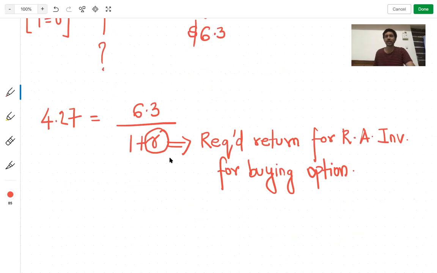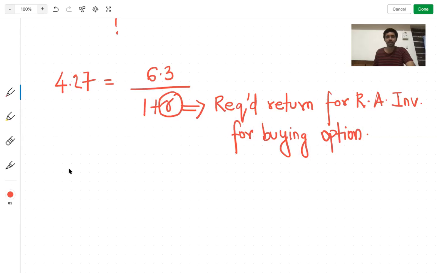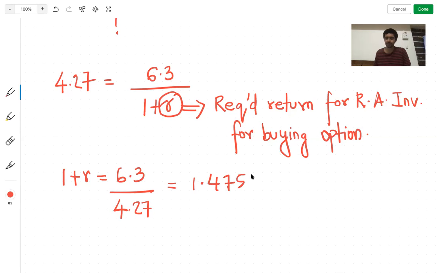If you actually calculate, 1 plus R is equal to 6.3 divided by 4.27, which is equal to 1.4754, which means R is equal to 47.54%.